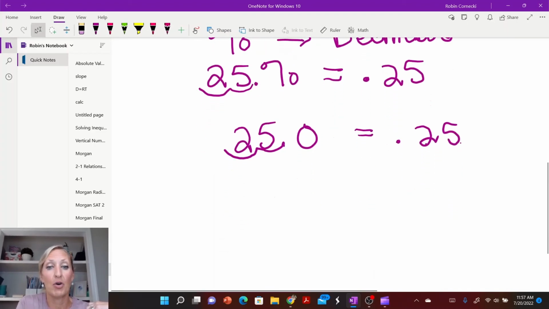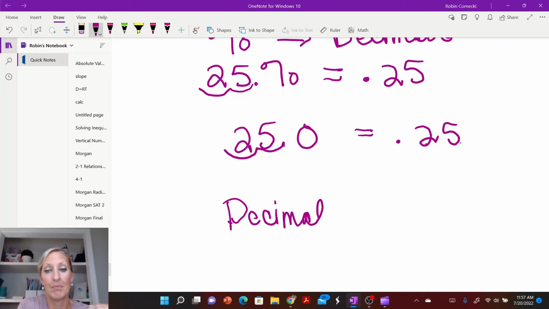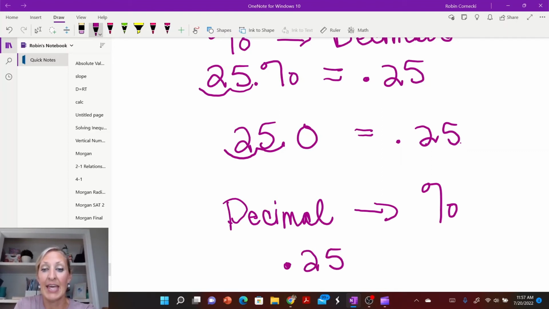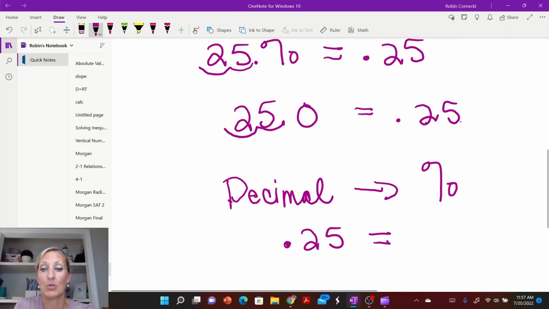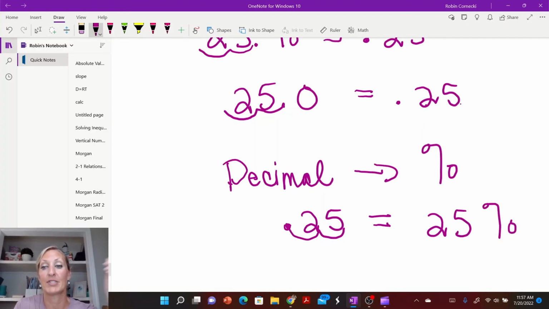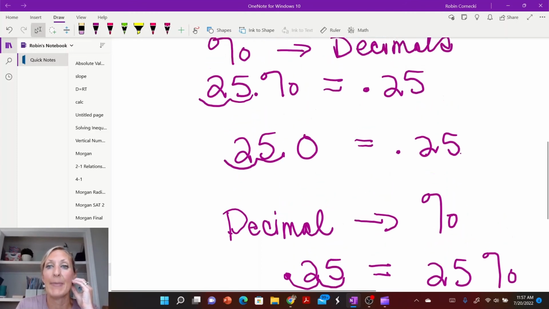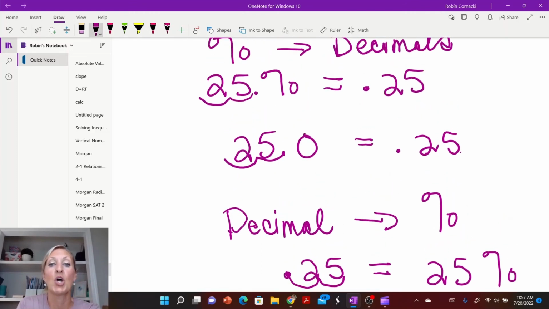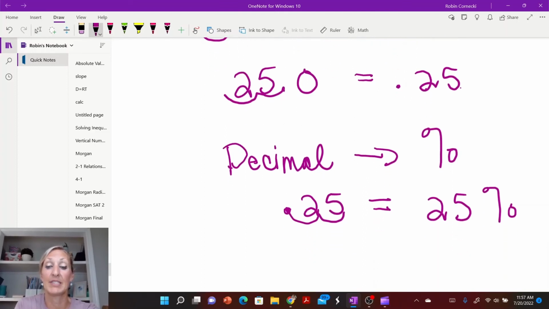We can also go from a decimal, my writing is not the best on here, sorry about that, to a percent by taking 0.25 and moving our decimal 2 places over to the right so that we can get 25%. So it's just basically undoing percents to decimals. We're moving our decimal to the left, and for decimals to percents, we're moving our decimal to the right.